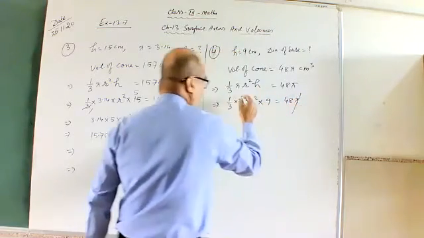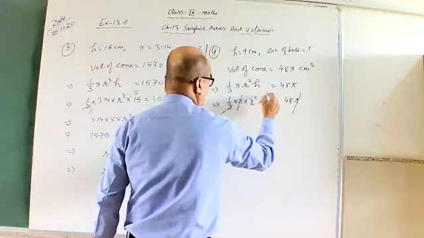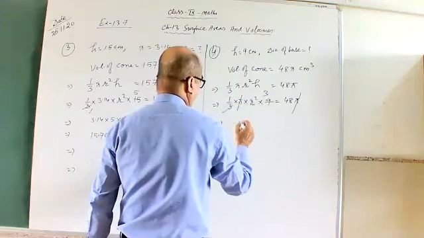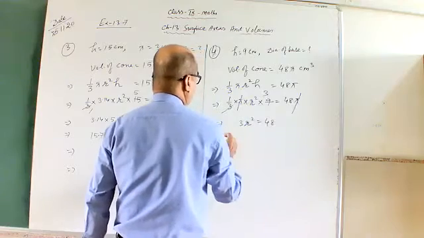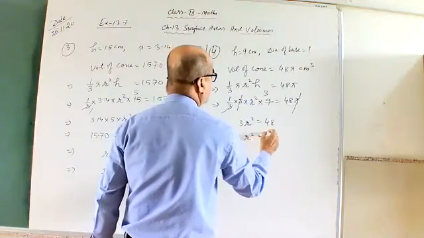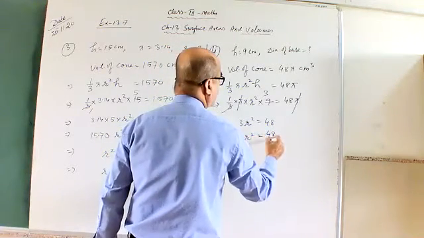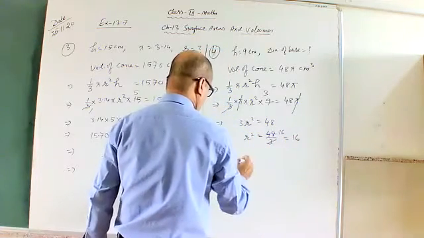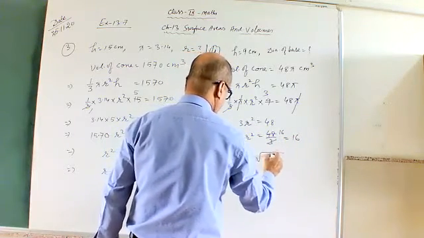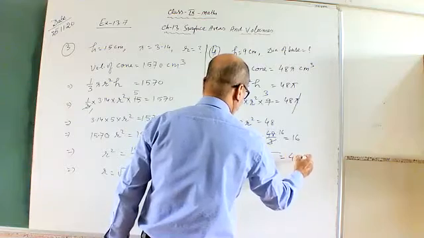So both sides pi will be cancelled, and 3 3s are 9. So 3r square is equal to 48. So r square is equal to 48 by 3. So 3 ones are 3, 6 are. So r will be equal to under root 16, that is 4 centimeter.